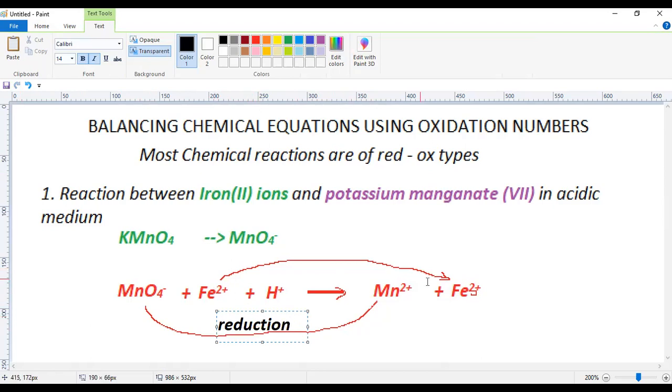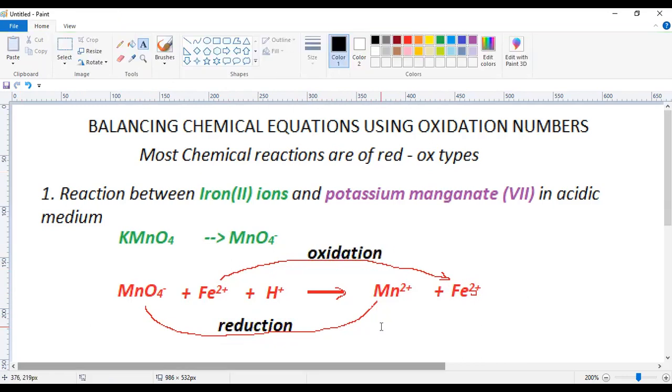And then Fe2 plus going to Fe3 plus is an oxidation reaction. Now we have two reactions, reduction and oxidation. How are we going to balance this chemical equation using the oxidation number method?